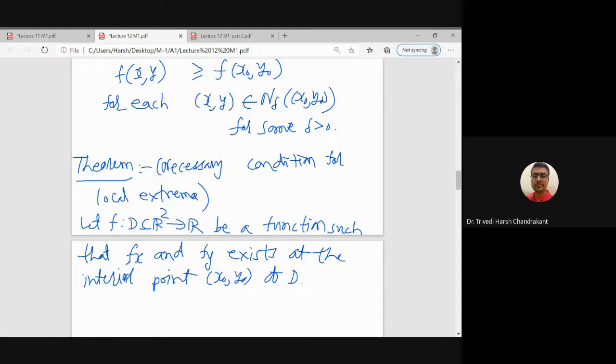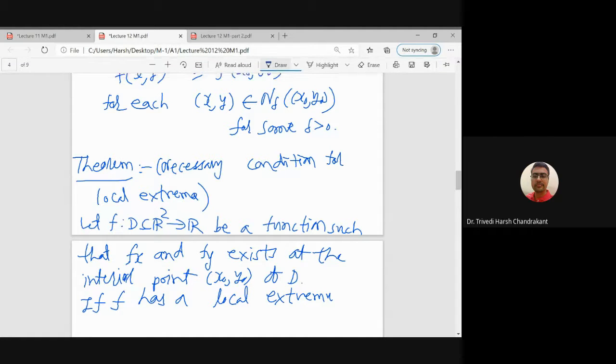So if f has partial derivatives at x naught, y naught, and if f has a local extremum, so we know the meaning of the word extremum, right?